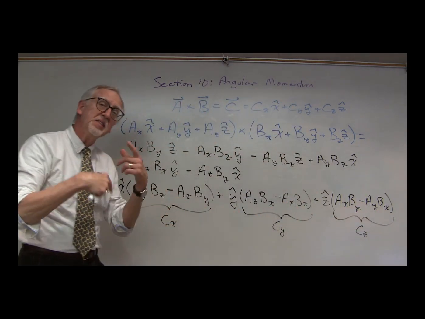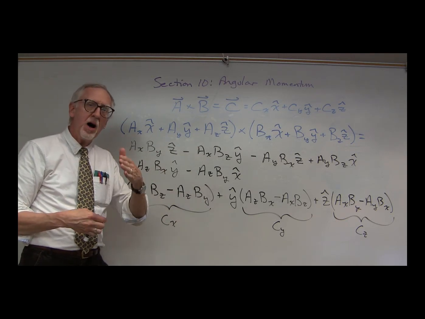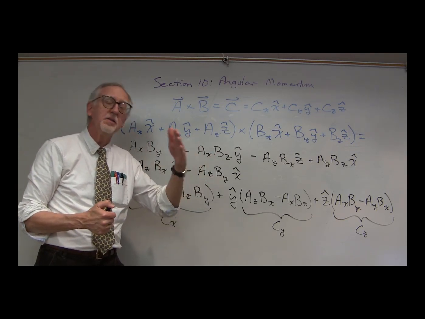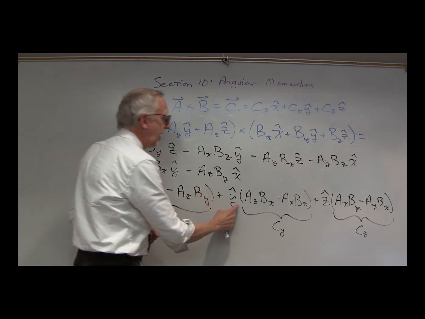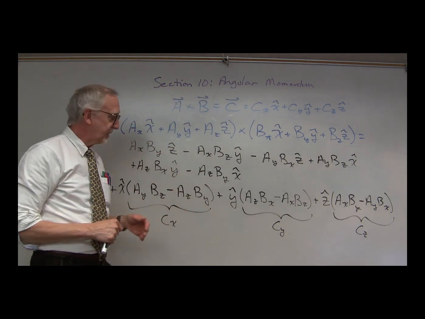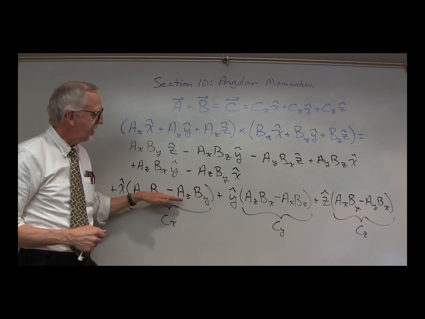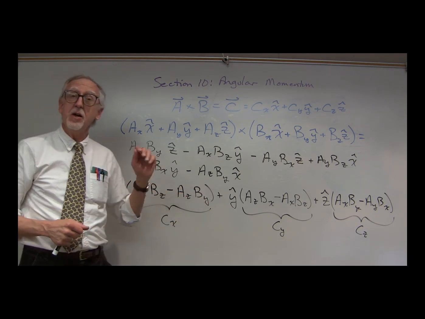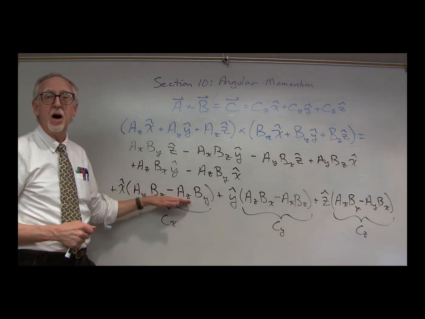Well, notice we've got that same rotating cyclical pattern. X, Y, Z, Y, Z, X, Z, X, Y for all of the positive terms. But then don't forget we've got to subtract the negative terms. Okay, there we go. That is the cross product in terms of the components of the vectors.